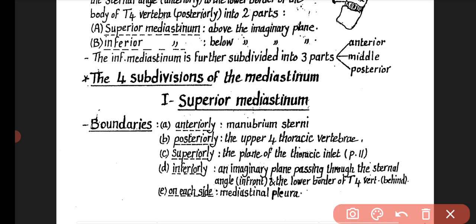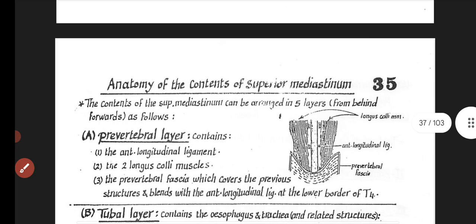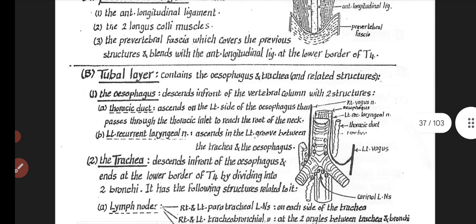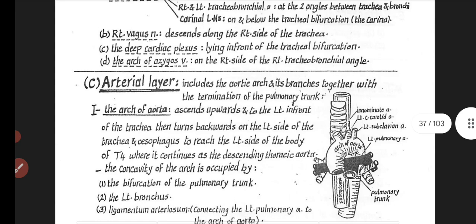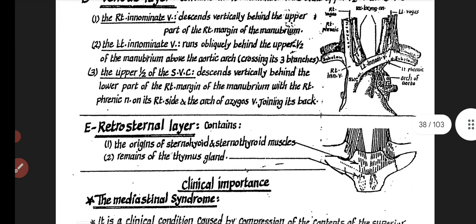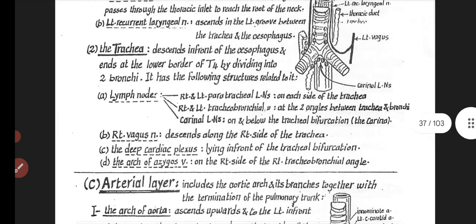Now, the anatomical content of the superior mediastinum. What is the anatomical content? Mainly there are four, you can say five, divisions.